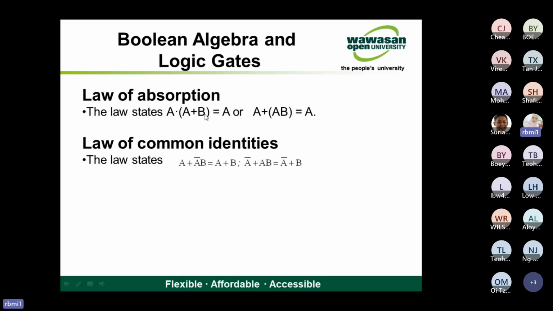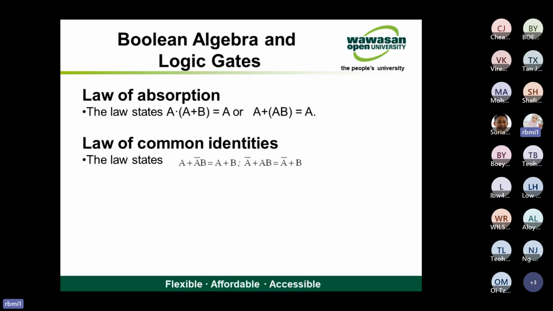Let's say B equals 1. 1 dot (1 plus 1) also gives 1. That is how we get the original condition back. Same goes here. If 1 plus 1 dot 0, meaning that here is 0, then we get 1. If B is 1, 1 plus 1 dot 1, that is 1 plus 1, we get 1. So that's for the law of absorption.